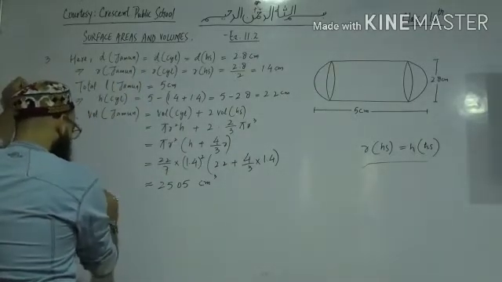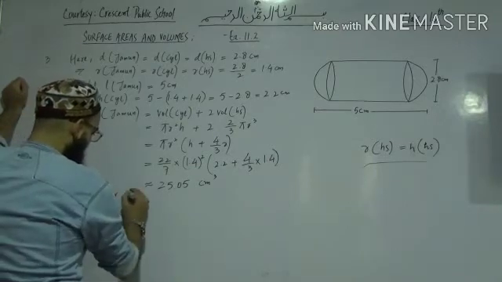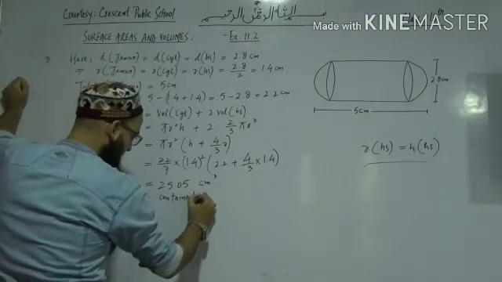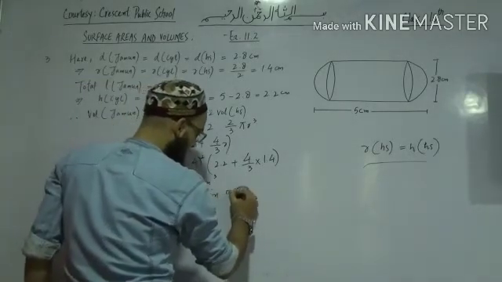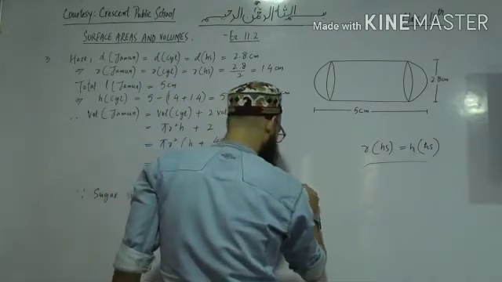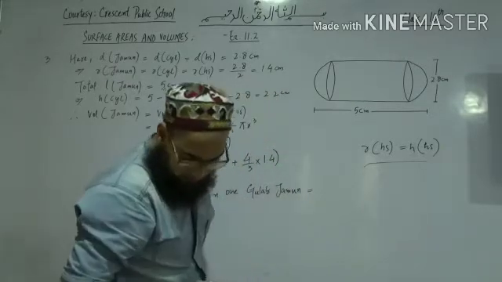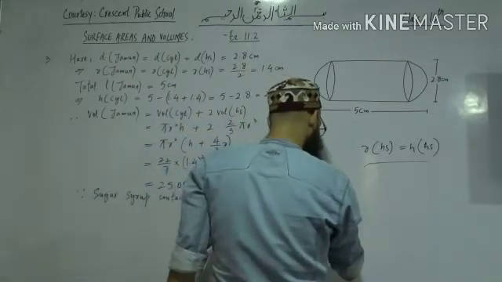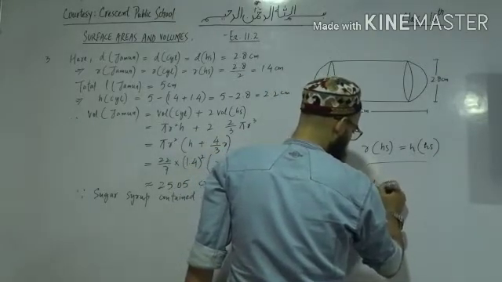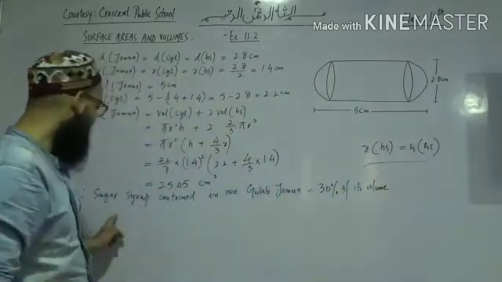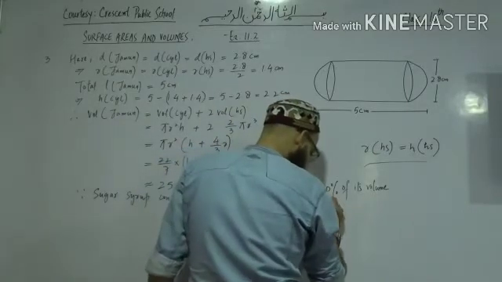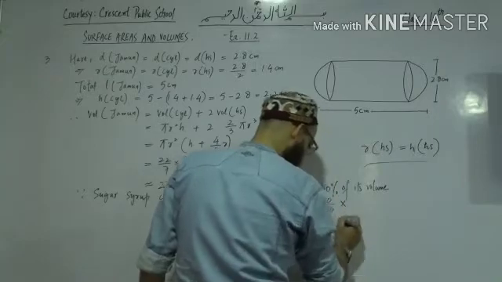Since the sugar syrup contained in 1 gulab jamun is 30% of its volume, now 30% of its volume means 30 by 100 of the volume. Of means times.